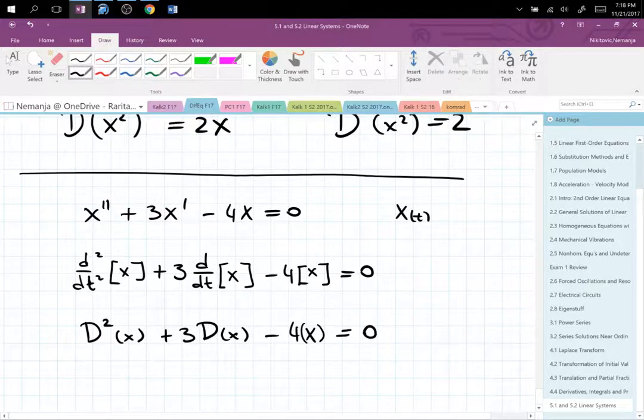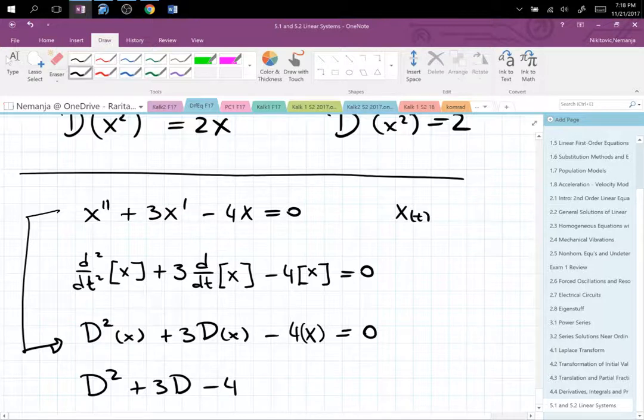So just converting the notation from what you're used to so far into this new model where you are representing everything in terms of this x. And now I'm going to factor x out. What that leaves behind is the differential polynomial operator: D squared plus 3D minus 4, all of that applied to x equals 0.